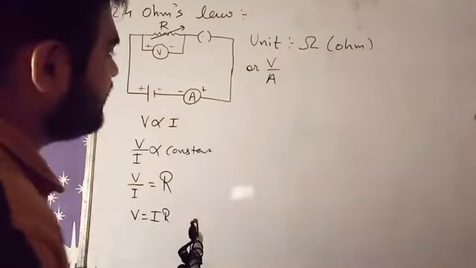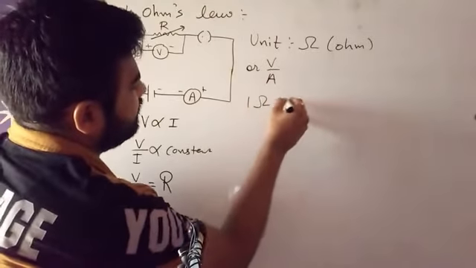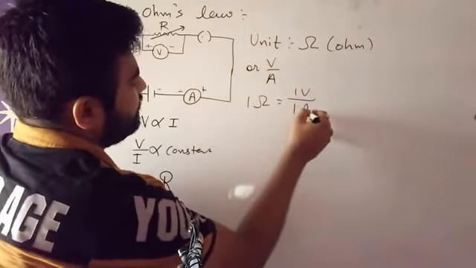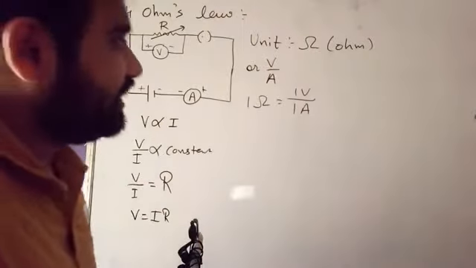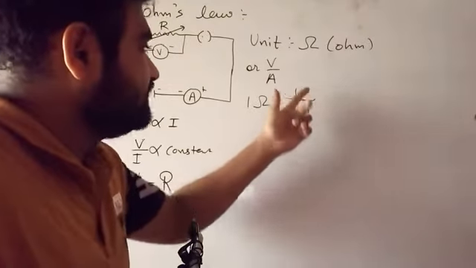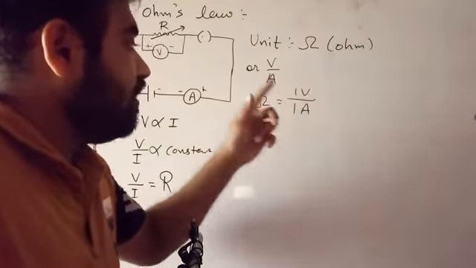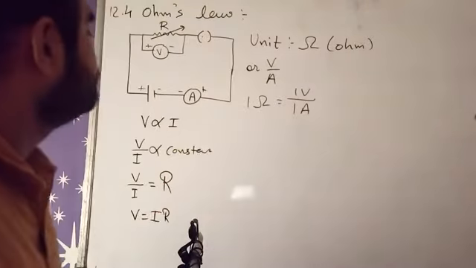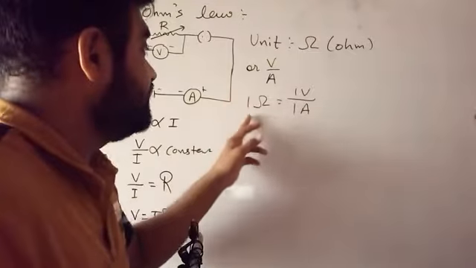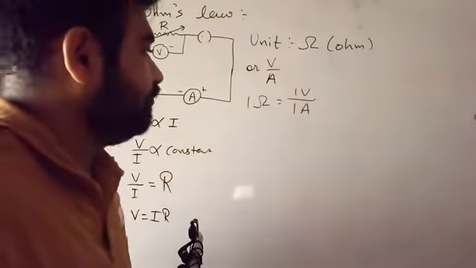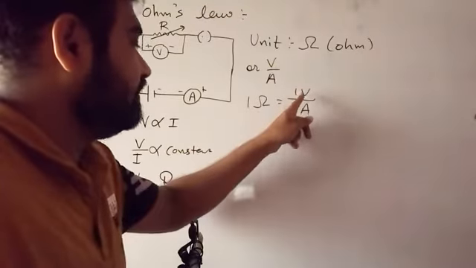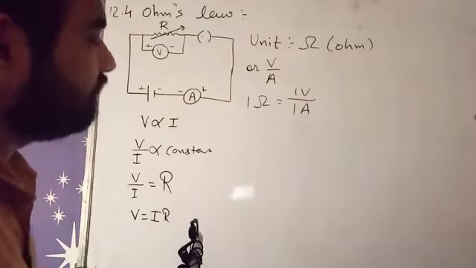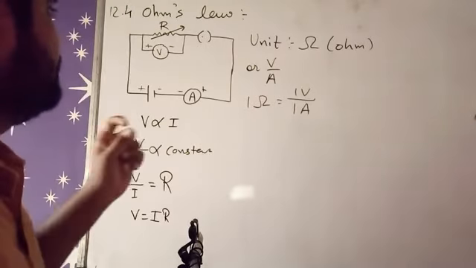So I can simply write that 1 ohm is equal to 1 volt upon 1 ampere. So the ratio of a potential difference of 1 volt upon a current of 1 ampere is 1 ohm. So our resistance value will be 1 ohm whenever voltage is 1 volt and current is 1 ampere. So that is simple Ohm's law.